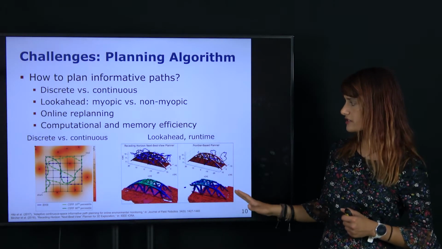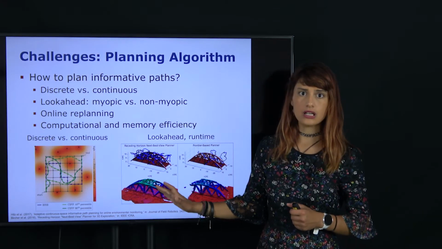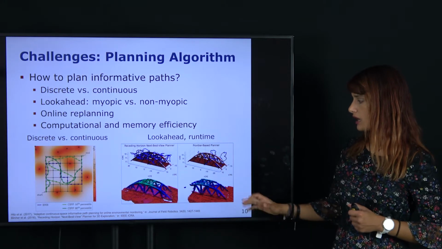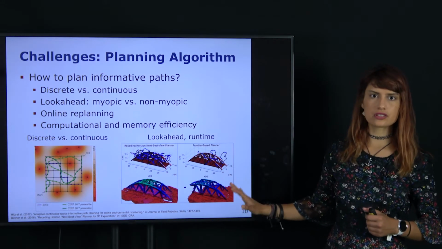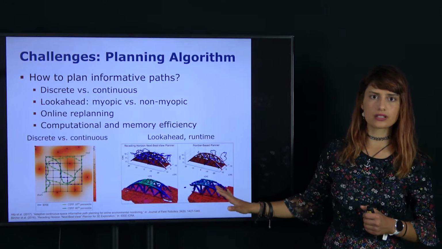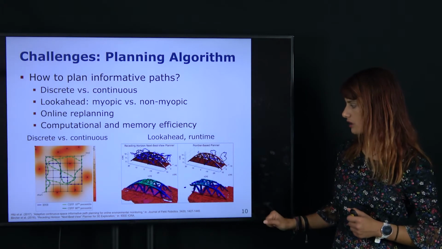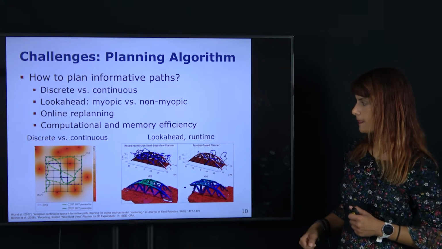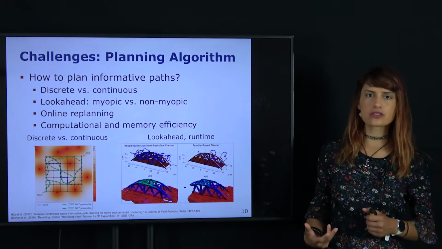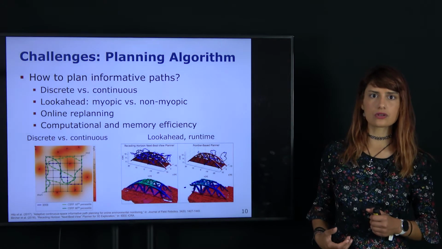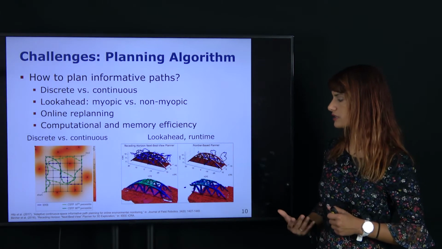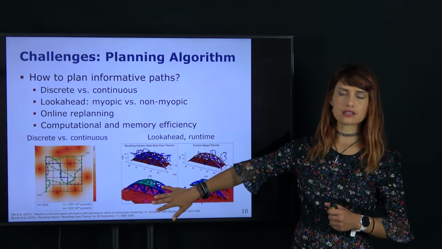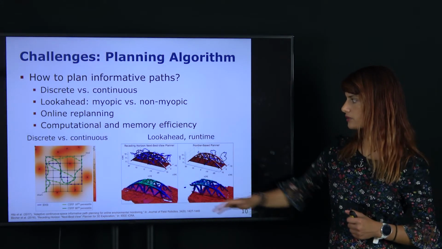Due to the differences in the look ahead and runtime between this particular algorithm and simple frontier-based planning, we can see that the frontier-based exploration strategy only completed a partial exploration of the bridge and was unable to complete the model. So this is one of the motivations for developing more sophisticated algorithms and actually taking into account these trade-offs so that we can do such tasks in real time and with real robots.